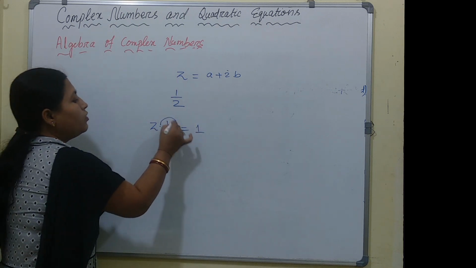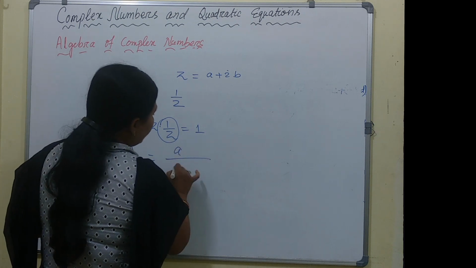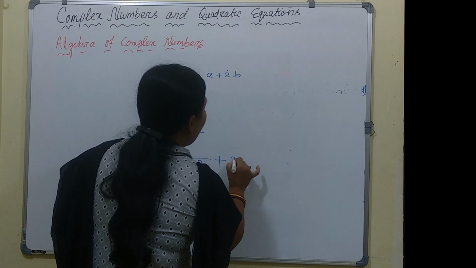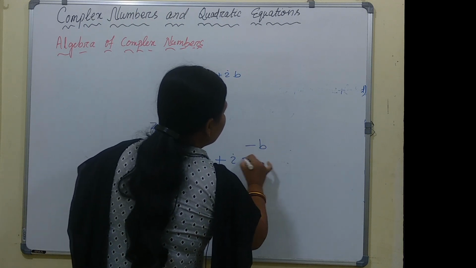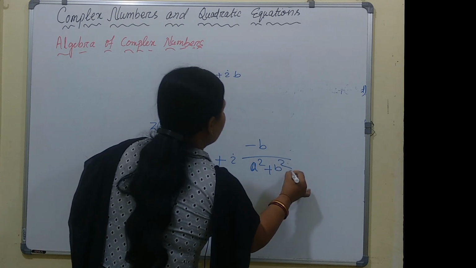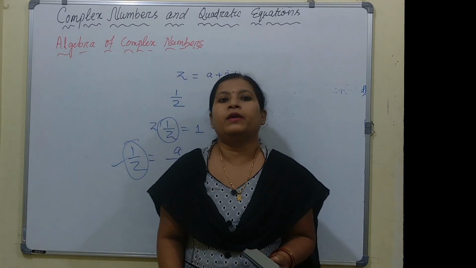So the value of 1 by z is equal to a by a square plus b square plus i whole into minus b by a square plus b square. So 1 by z is called the multiplicative inverse of z.